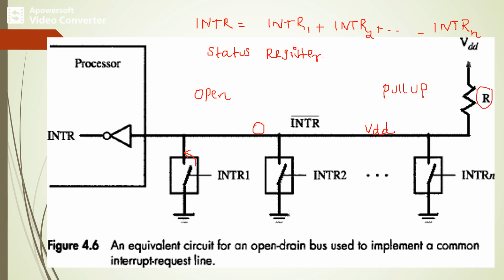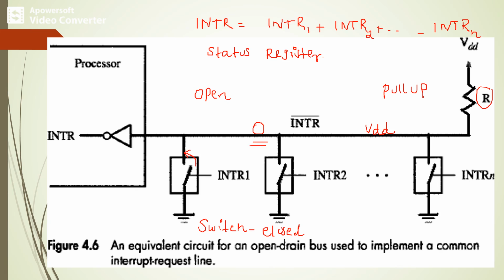In order to raise an interrupt, the respective device closes its switch so that the voltage across the single interrupt request line equals 0.